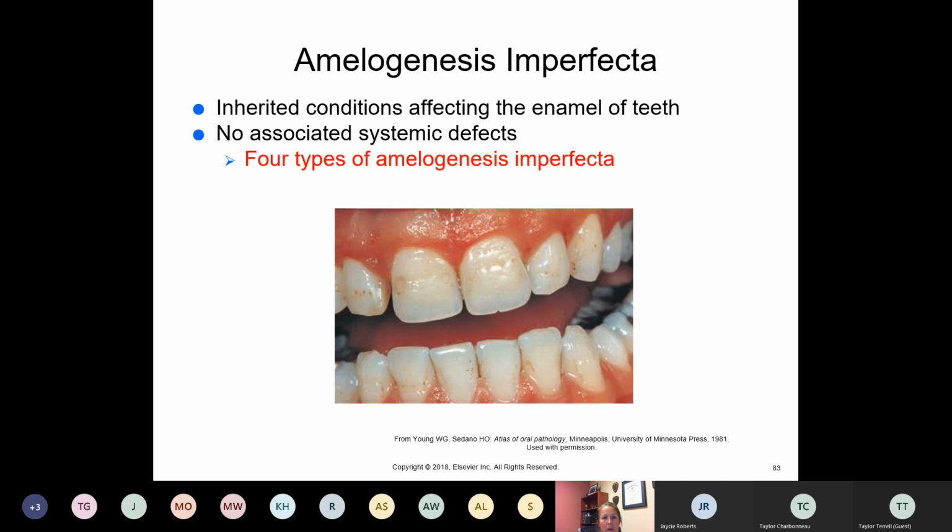Again, we've already touched on amelogenesis imperfecta. It is an inherited condition affecting the enamel, and dentinogenesis imperfecta that we talked about affects the dentin. The hard thing with those is in amelogenesis imperfecta, the enamel can be affected to different degrees, and it could be just pitted.